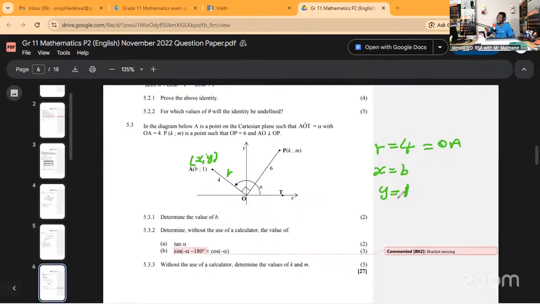Now, here is the most important part of everything. Remember, I said the other time, you must keep in mind whenever you look at the Cartesian plane, the signs of your values. On the first quadrant, X is positive, Y is positive. On the second quadrant, X is negative, Y is positive.